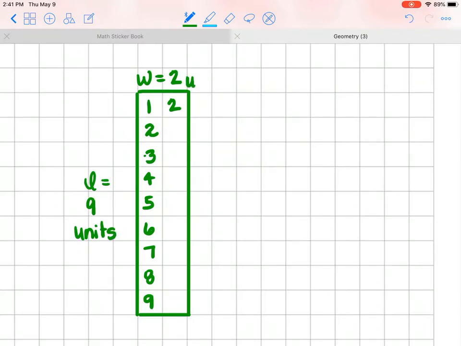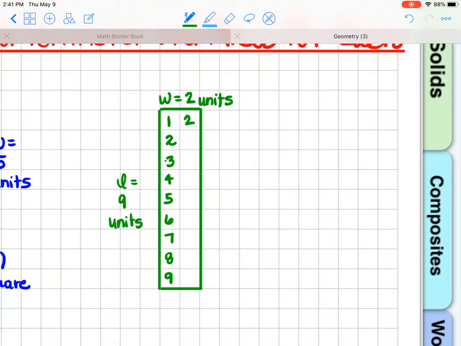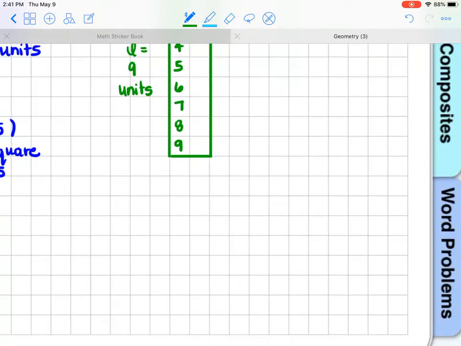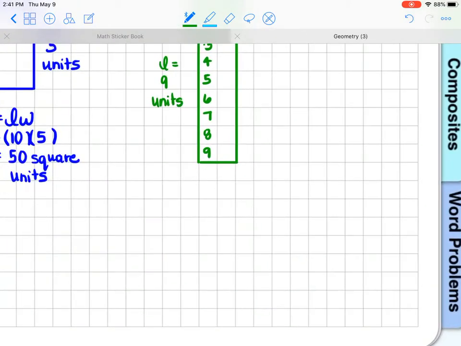Width is 2 units. Now, if we knew inches or feet, whatever, we would use that instead of the word units, but we don't. So, okay, let's do perimeter first.